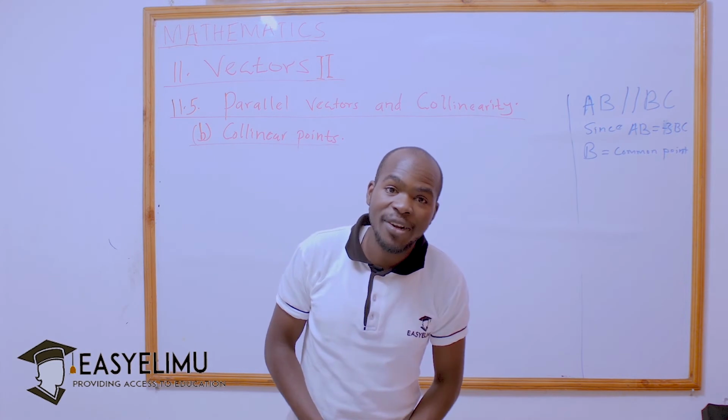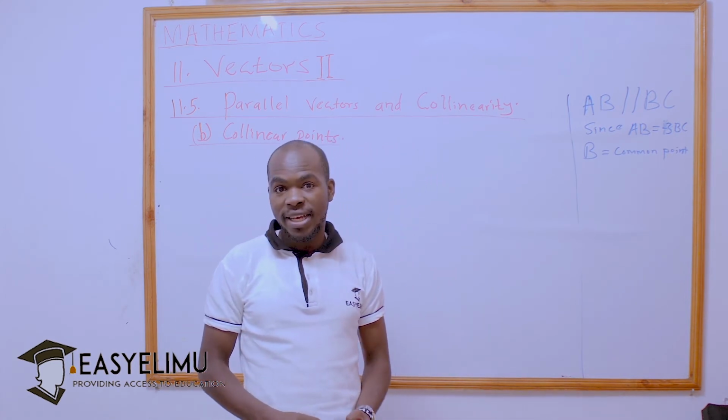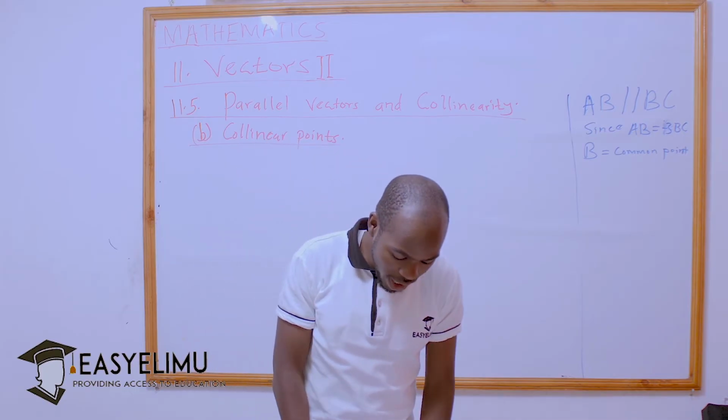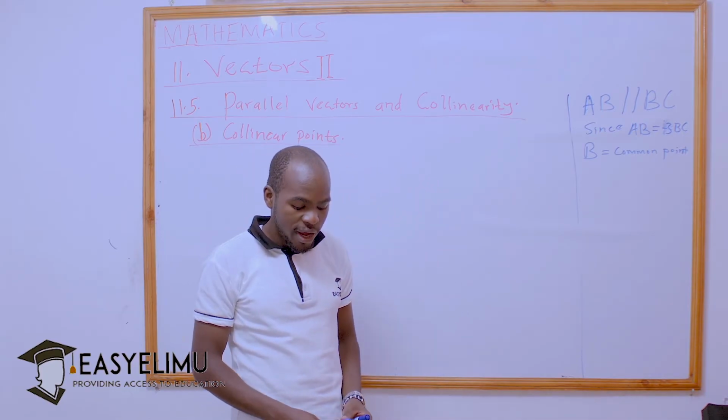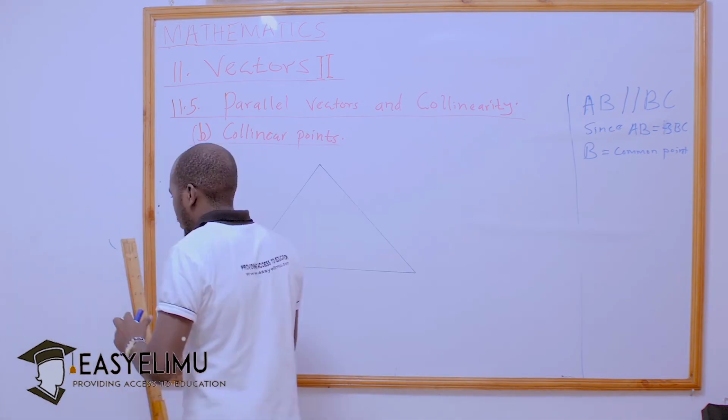We are going to handle a triangle and find out if the given points are collinear, in case we are asked. So we are having a triangle OAB. I shall draw the triangle here.